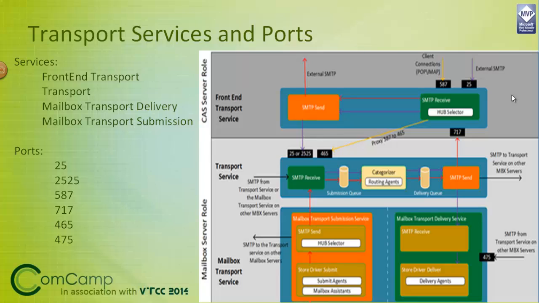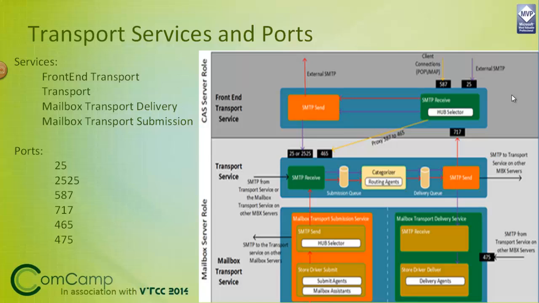Alright, now let's have another review of the ports. Port number 25 is known as SMTP port, which is used by external SMTP servers to send emails to the front-end transport and also from front-end transport to the transport service, unless they're together.